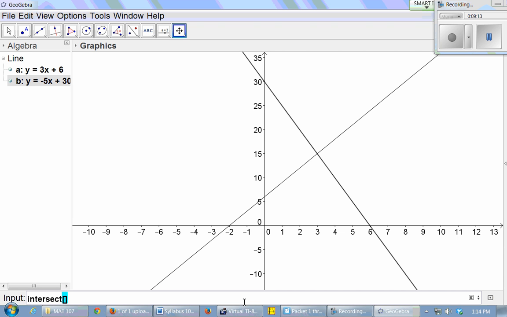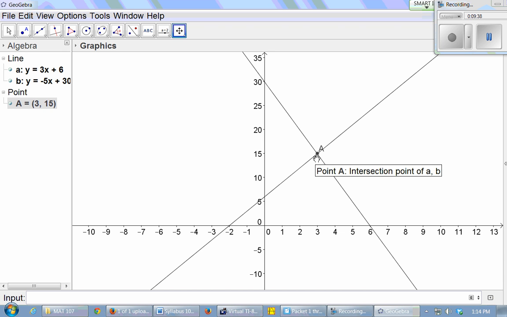Those are the names of the lines. So I just type in A comma B. And it labels point A and gives me 3, 15. So in the algebra view, I have the coordinates, and x equals 3 is the solution.